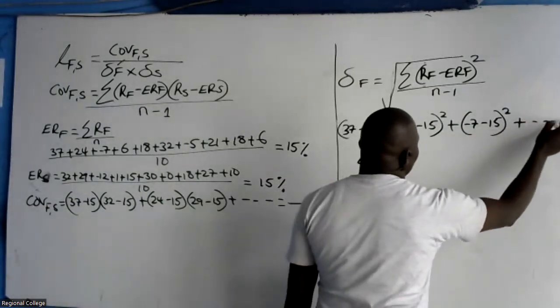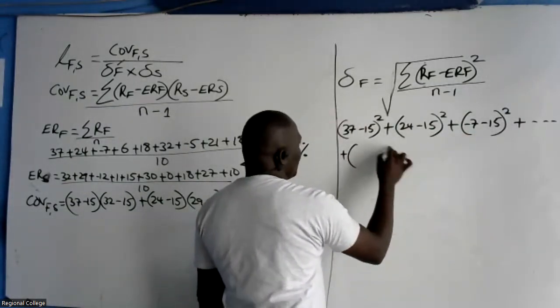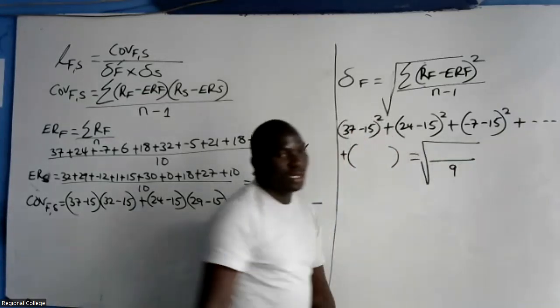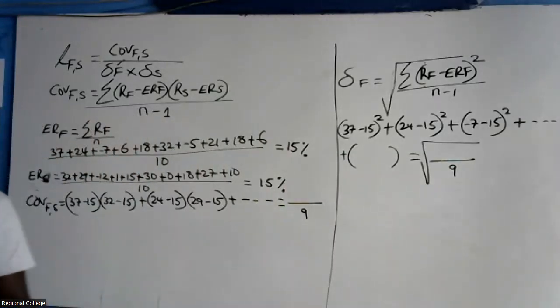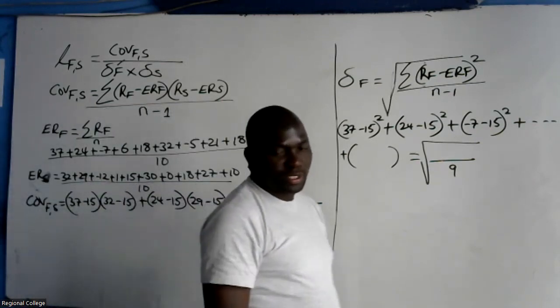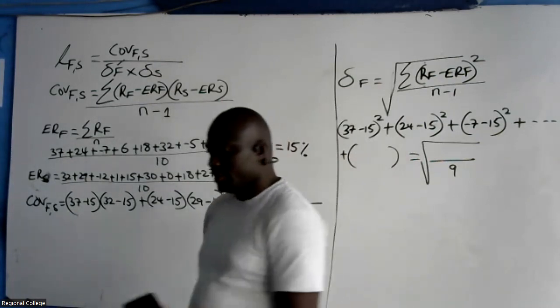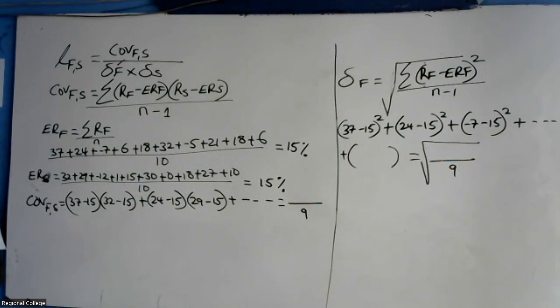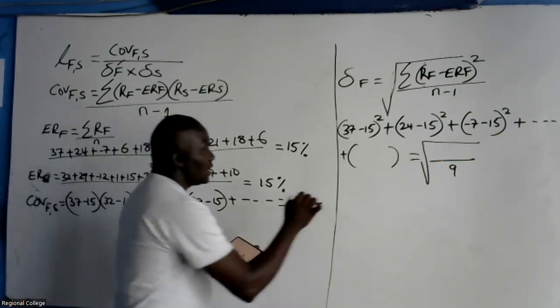Then everything I divide by 9, n minus 1, 10 minus 1, and I get its square root.